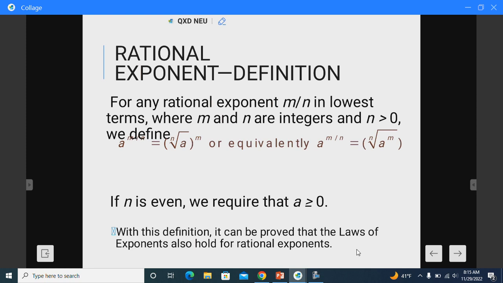If n is even, we require that a is greater than or equal to 0. With this definition, it can be proved that the laws of exponents also hold for rational exponents.